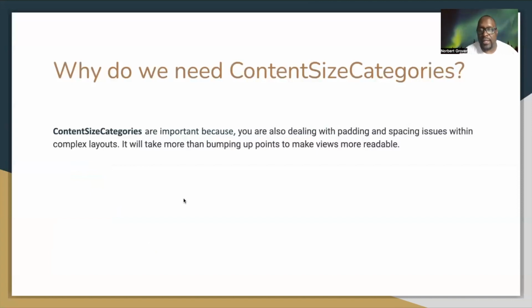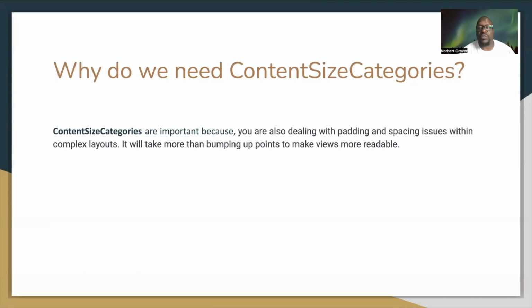Now, why do we need content size categories? Because if you wanted to make your stuff more readable, why don't you just have functionality in your app that bumps up the type size? The reason is that content size categories don't just refer to a font size.